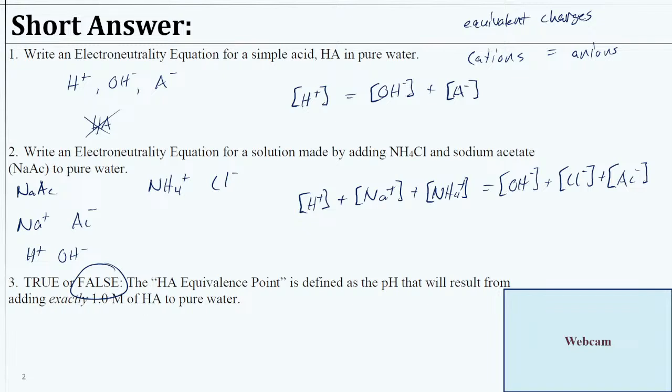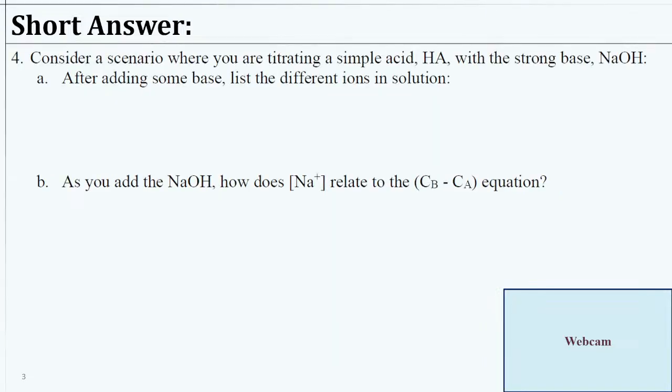It's not a specific amount, it's just that we added that acid exactly as HA. Or we could say we started at NaA and added exactly enough strong acid, as the total amount of A total in solution, to bring it from the NaA equivalence point back to the HA equivalence point. So there's a couple ways we can define it, but it's never in terms of a specific amount of HA. The word exactly there is kind of the point.